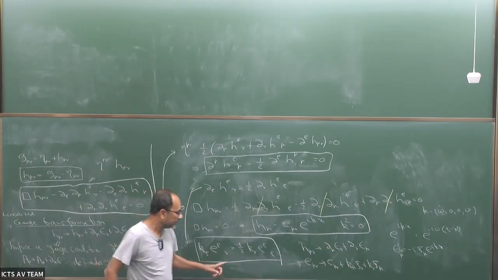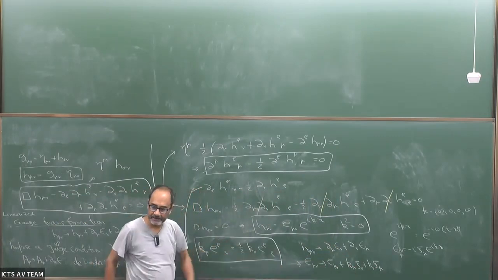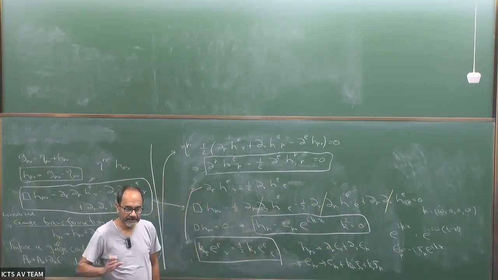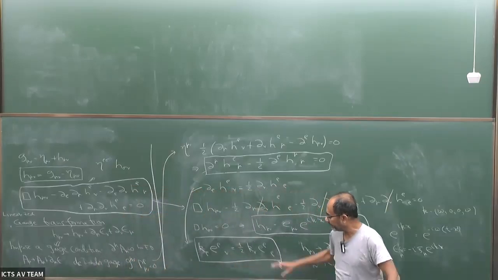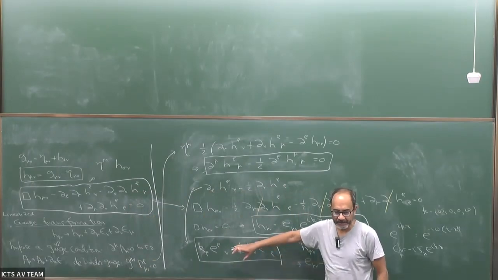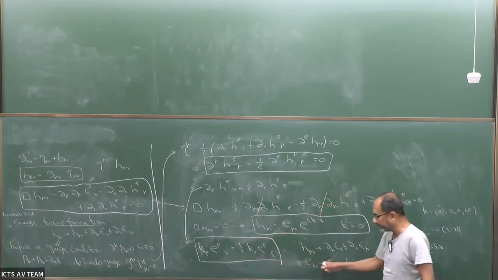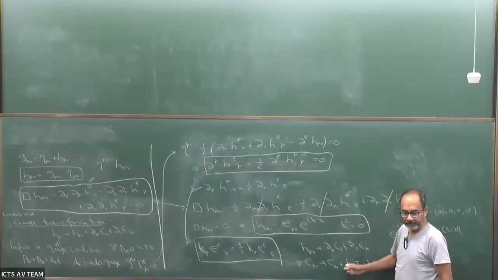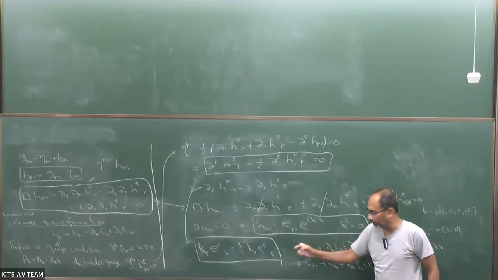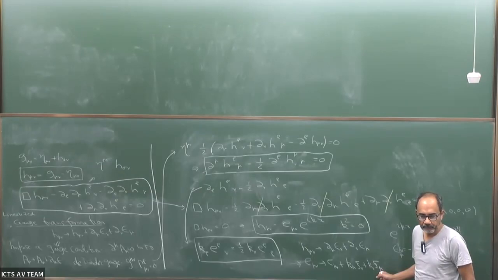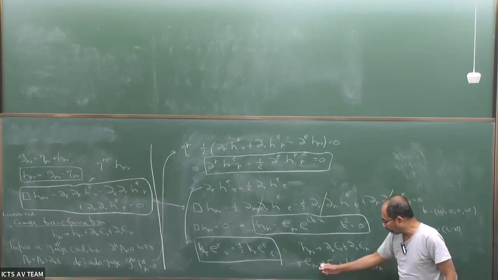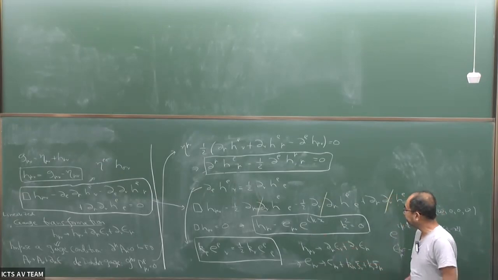Suppose we have an E mu nu that satisfies this. Now you are asking that we replace that E mu nu by this. Does it still satisfy this? If it does, then this is a residual gauge symmetry, because once you have gotten an E mu nu, you can still transform it by this. Is that clear? So you have to substitute this there and check what happens.